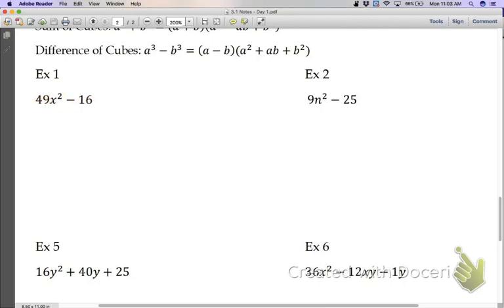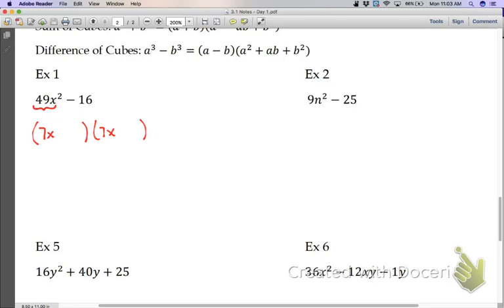If it's a difference of 2 squares, I'm looking for the same value that's going to multiply by itself to be 49x squared. What number multiplied by itself gives me 49? That would be 7x and then 7x. Everything here with a difference of 2 squares, they're going to match, and they're what's called conjugates of one another.